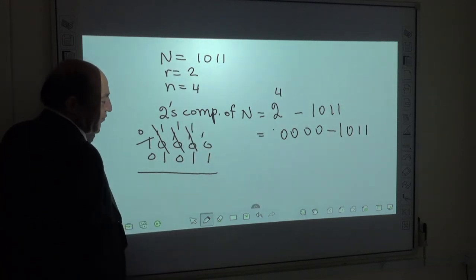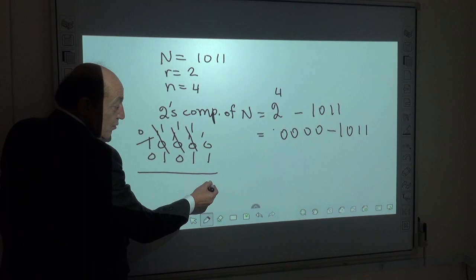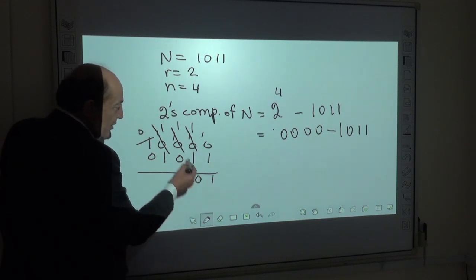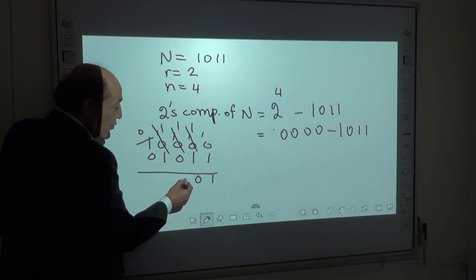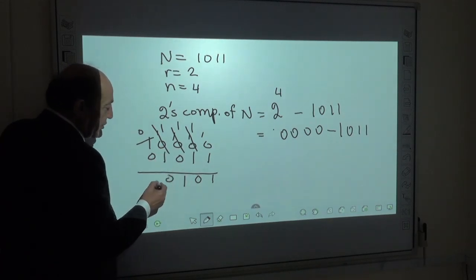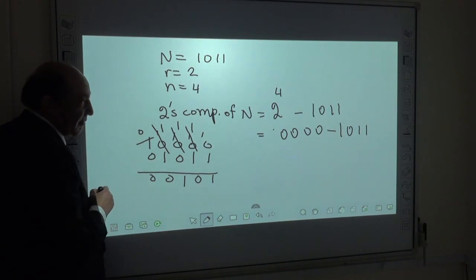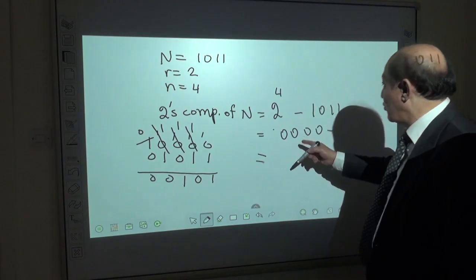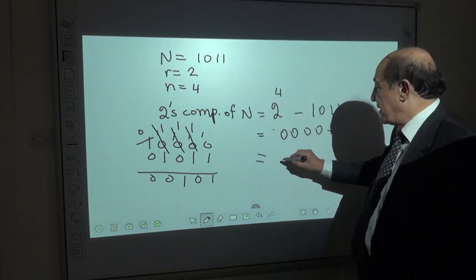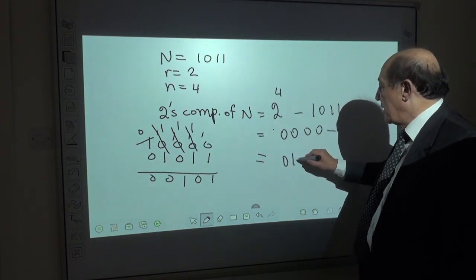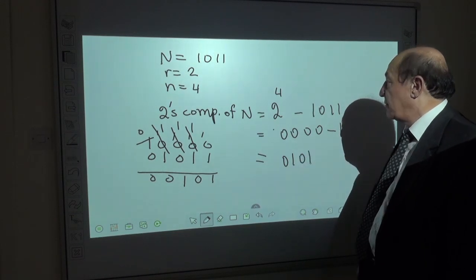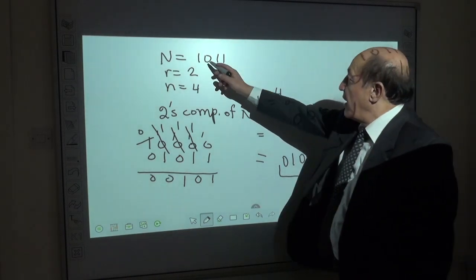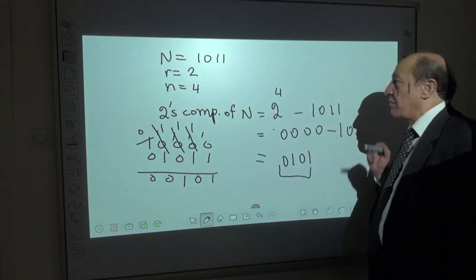And here 1 0. 1 0 minus 1 1, 1 minus 1 is 0, 1 minus 0 is 1, 1 minus 1 is 0, 0. So the 2's complement of this number is equal to 0 1 0 1. And really the complement of 11 to 16 is 5.